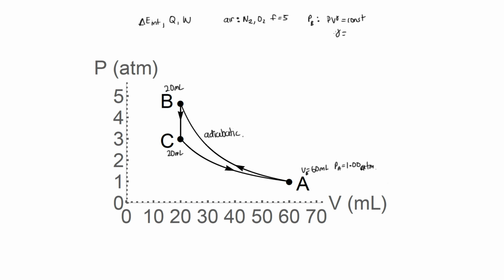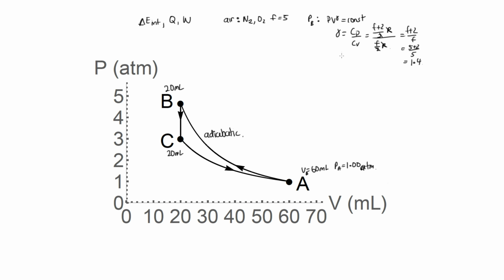Now gamma is equal to Cp over Cv, which is equal to (F plus 2)/2 R over F/2 R. We can cancel out the R/2, and we have (F plus 2)/F. So in this case, this is equal to (5 plus 2)/5, so this is equal to 7/5, or 1.4.